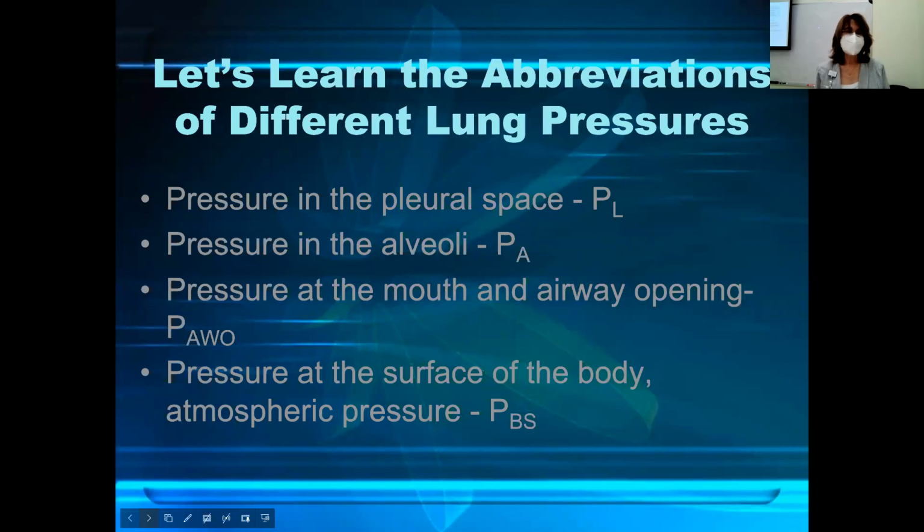Let's learn the abbreviations of different lung pressures. So pressure in the pleural space is abbreviated as PL. Pressure in the alveoli is abbreviated as PA. Pressure at the mouth or the airway opening, if we're talking about an endotracheal tube that's in the patient, is PAWO, I guess that's airway opening.